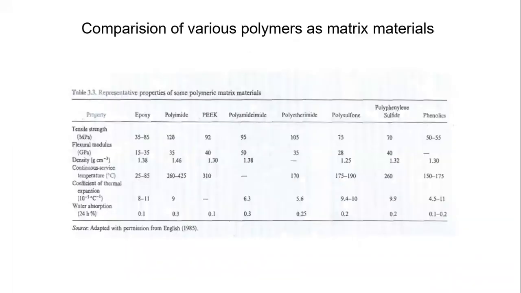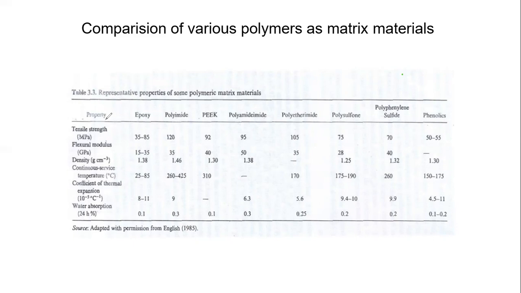Next one is the comparison of various polymers as matrix materials. We are taking different types of polymer matrix materials here. These are the representative properties of some polymer matrix materials.